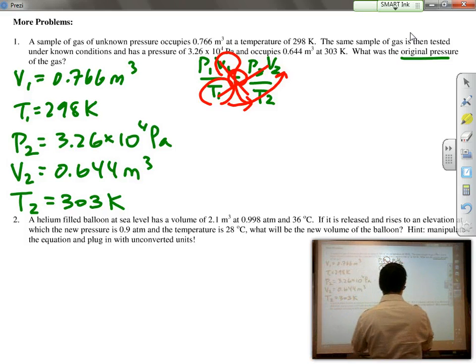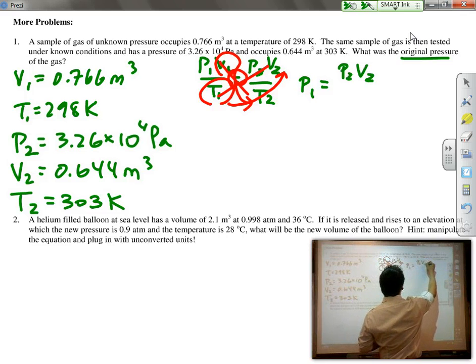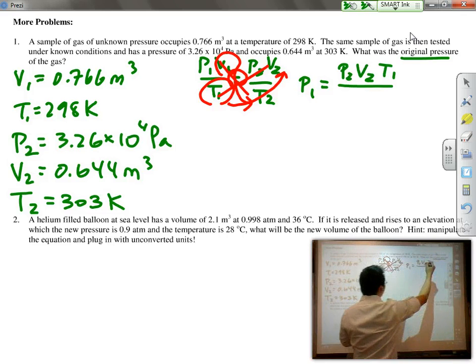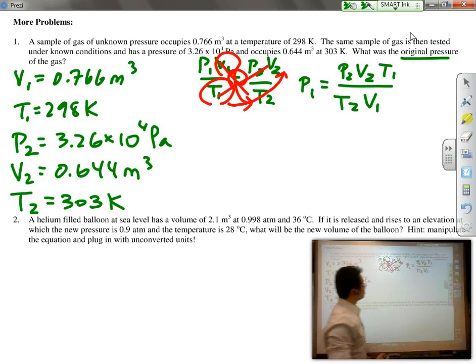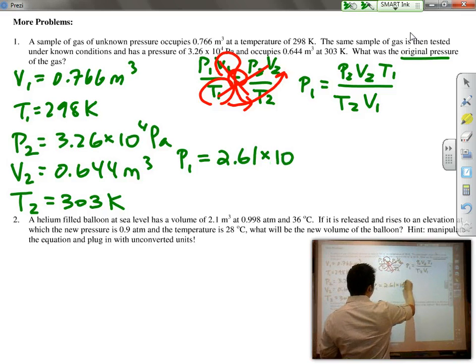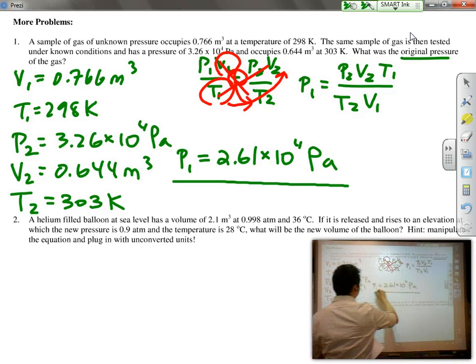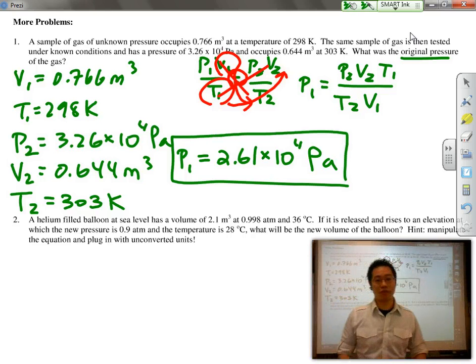So we end up with a manipulated formula that looks like P1 equals P2V2T1 over T2V1. I know it's going to be a little bit messy plugging in all those numbers, but once you plug those numbers in and all the units cancel out, we get P1 equal to 2.61 times 10 to the 4th pascals. So it's very straightforward. You just have to be careful about your units.